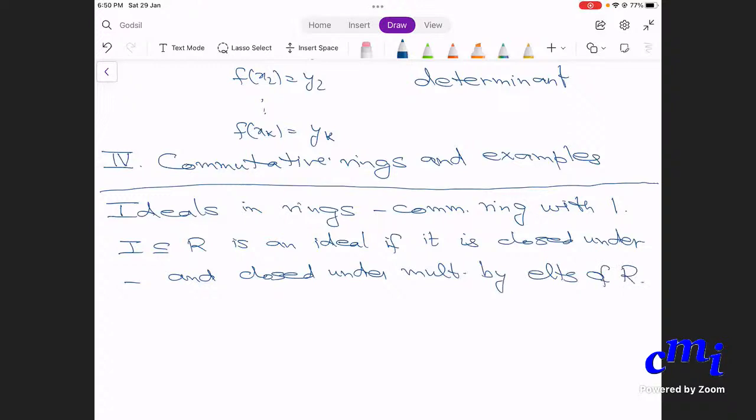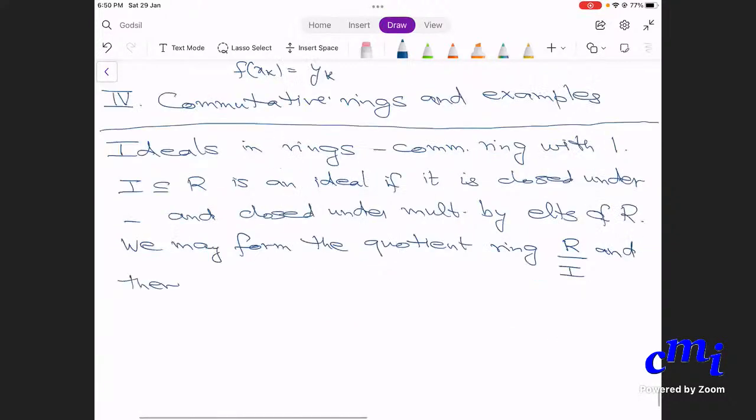And we also know that when you have an ideal of R, you can form the quotient ring R mod I. And further, there is a ring homomorphism, usually denoted by pi, going from R to R mod I, which is surjective.